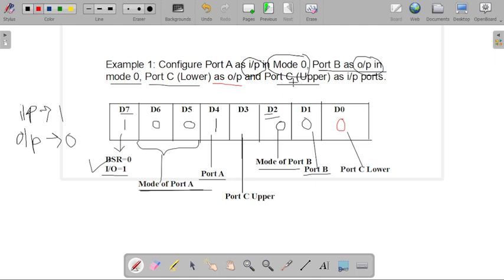And for port C upper, it is set as input port, so I am putting here 1. So we will get our result as 10011000. So here our bits are set as 10011000, and it will be indicated as 98H.